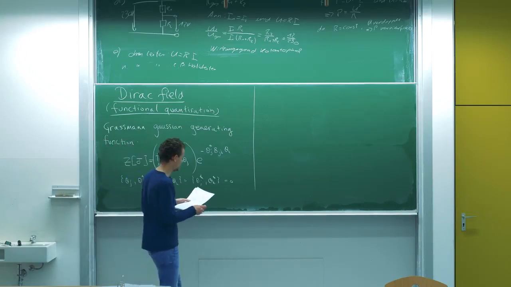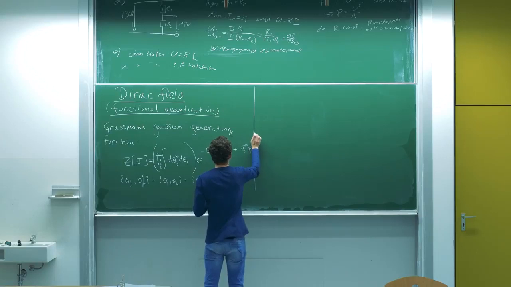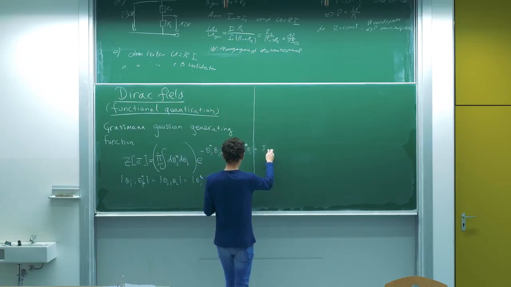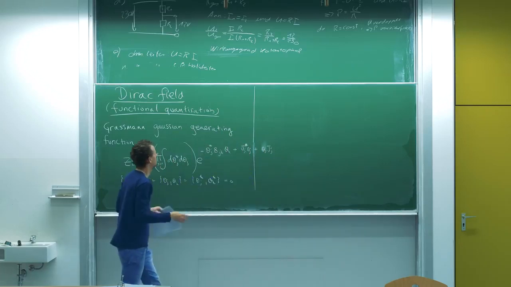And to make this really useful, we're going to actually add a linear term, just as we would for a normal Gaussian integral over normal variables.